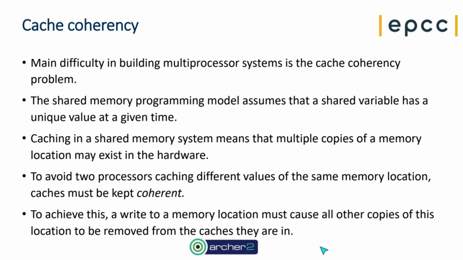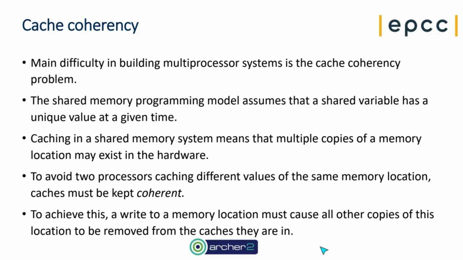So that brings us on to cache coherency. This is one of the main difficulties in building multi-core systems: the cache coherency problem. The hardware is trying to present us as programmers with the illusion that there is just this simple processor plus memory model.